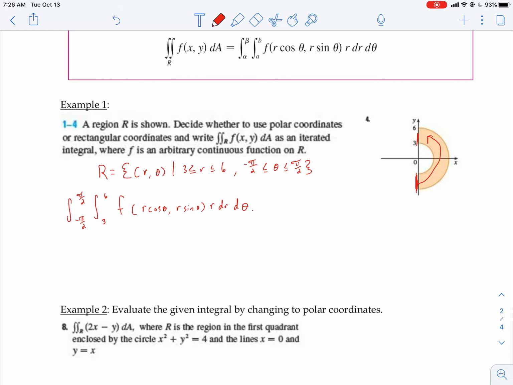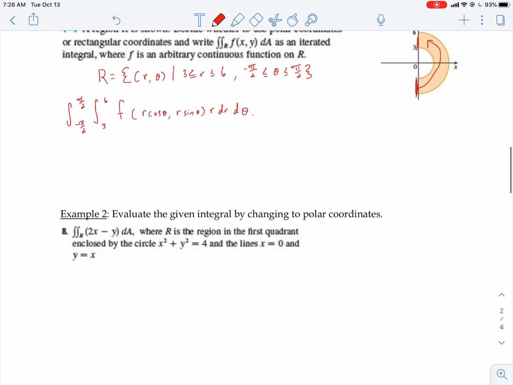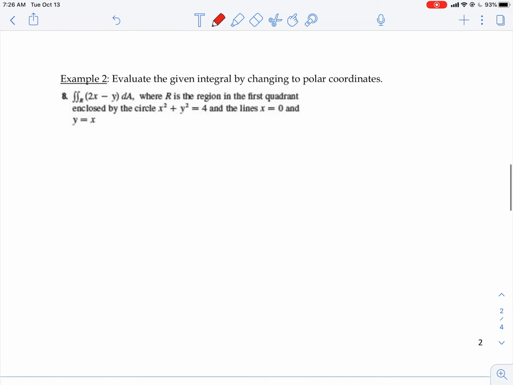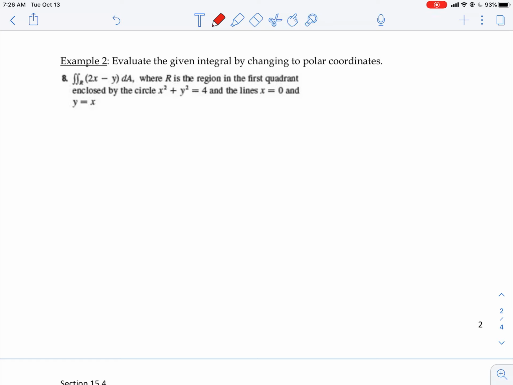That's it. We're done. We don't have to integrate it at all. We're just finished, and that's using polar coordinates. Hopefully you enjoyed it. This makes your life so much easier.